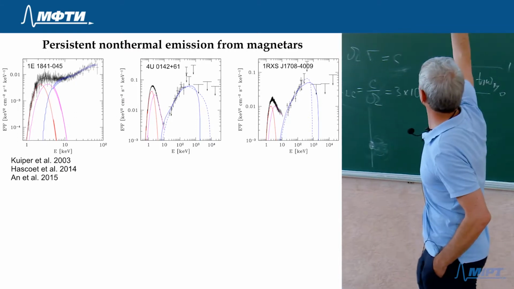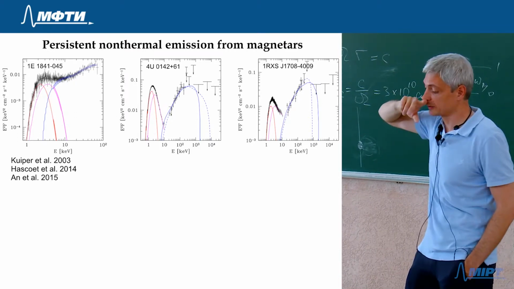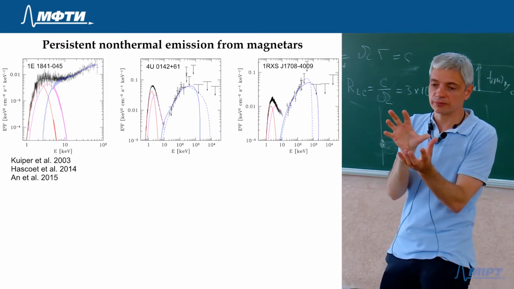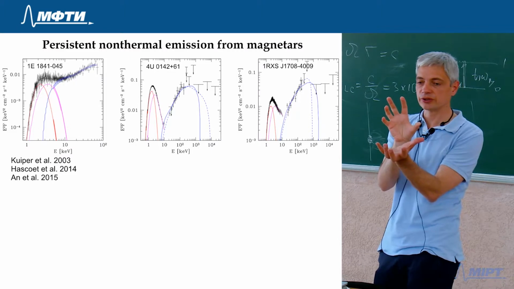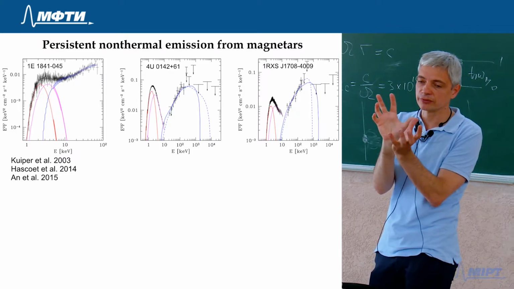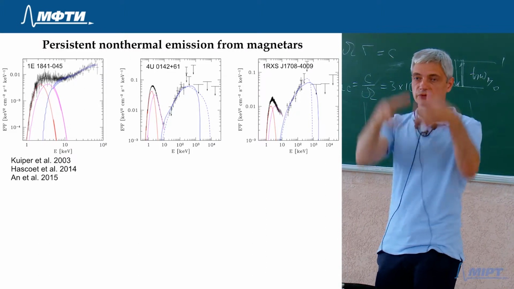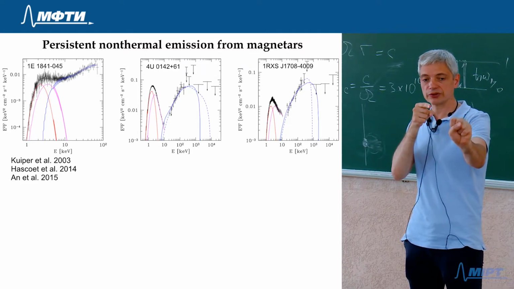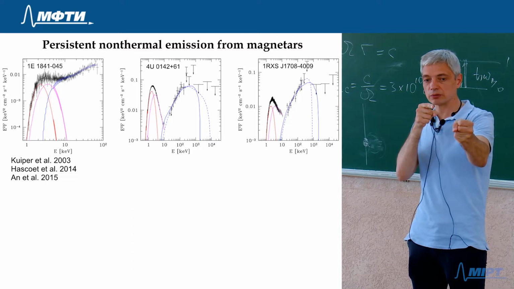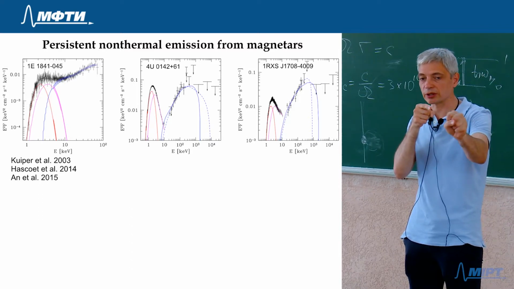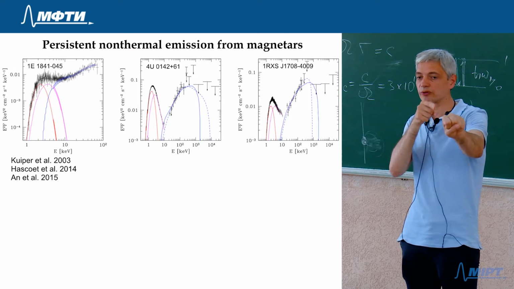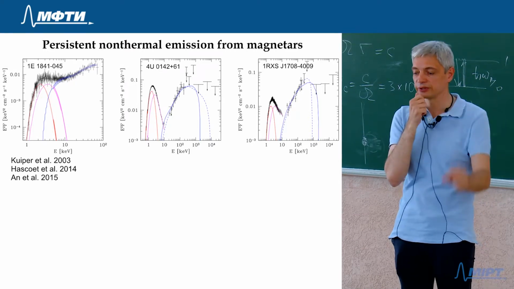You see the curves that are shown here are basically the fits to the data. And moreover, for about 5 objects, this fitting procedure has been applied to the phase resolved data. So you're looking at this fountain. As the star is rotating, you're looking from different sides. You know its spectrum, this predicted theoretical spectrum, and so you expect a certain variation of the observed spectrum with the phase, with the rotational phase.